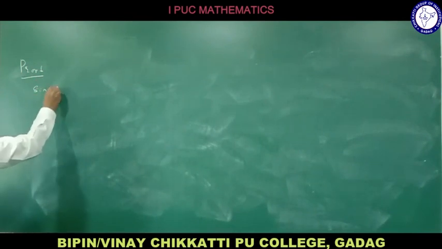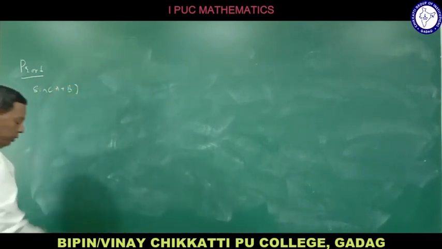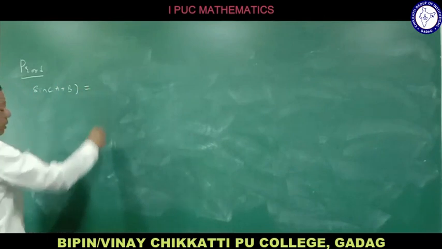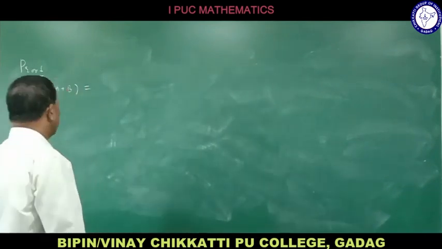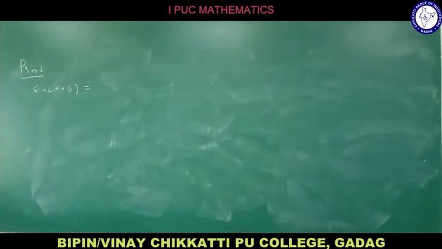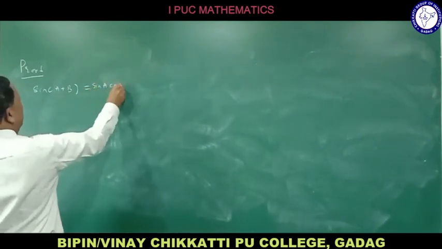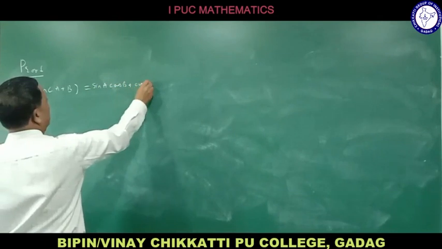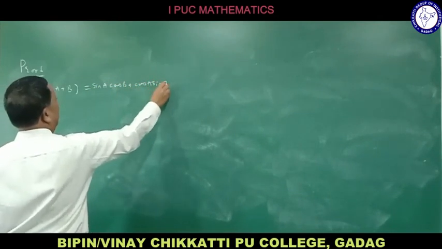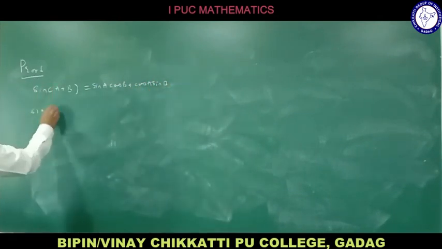Sine of a plus b. Of course we have proved sine of x plus y, but in order to avoid confusion I am going to take sine of a plus b. What is sine of a plus b? Sine a cos b plus cos a sine b. And what is sine of a minus b?